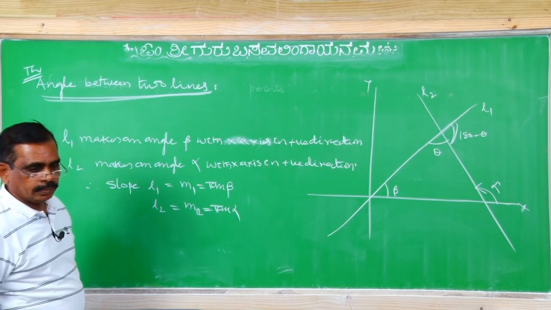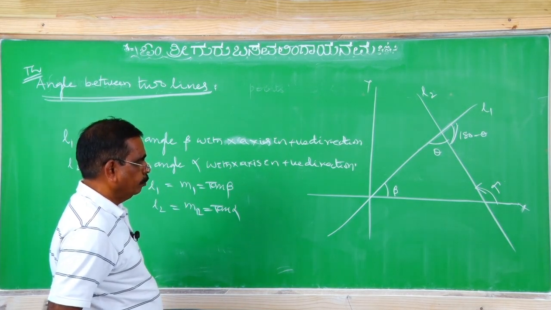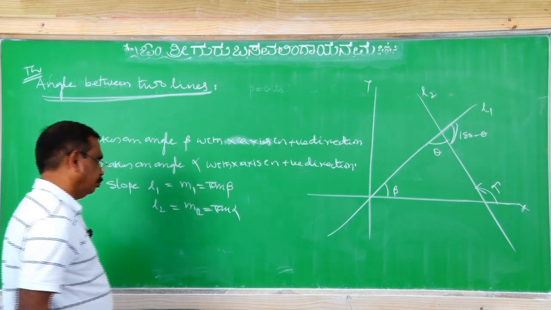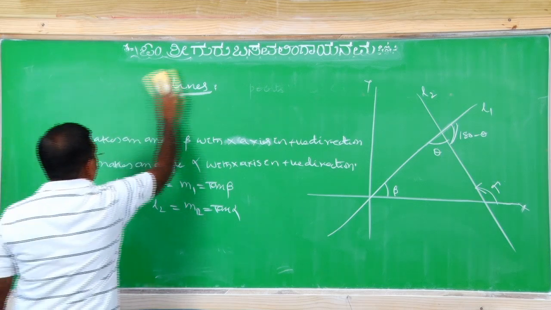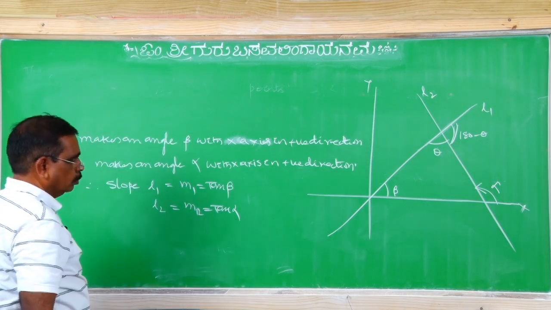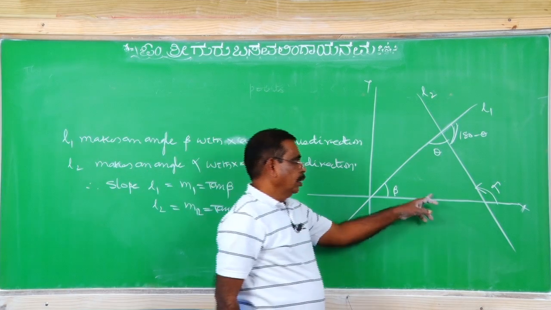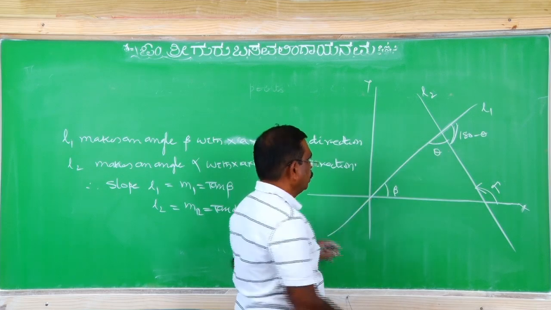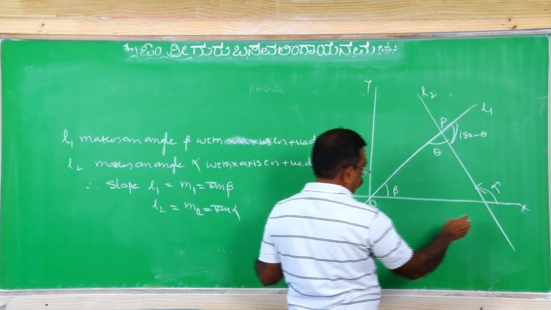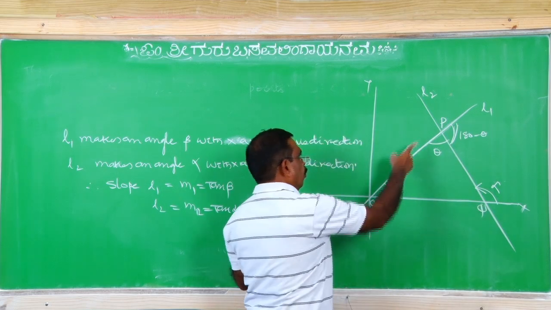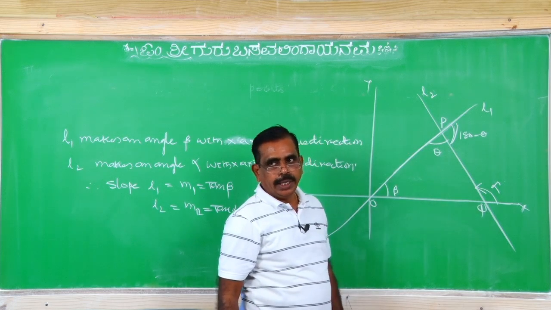Okay. Now, see this one. In this triangle, if you want, you can write P, O, Q. From triangle POQ, exterior angle is equal to sum of opposite interior angles.